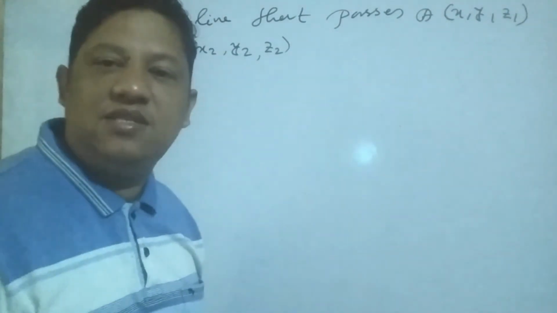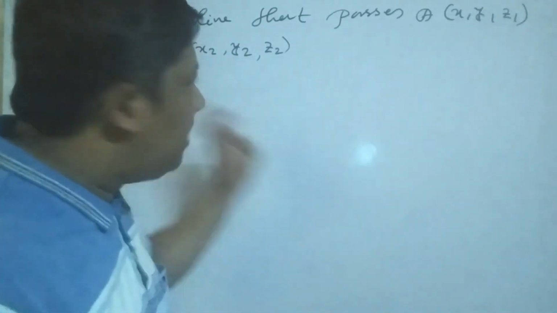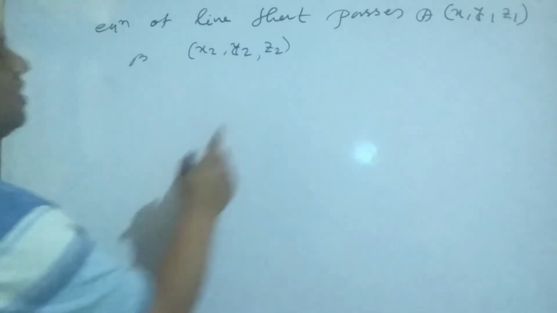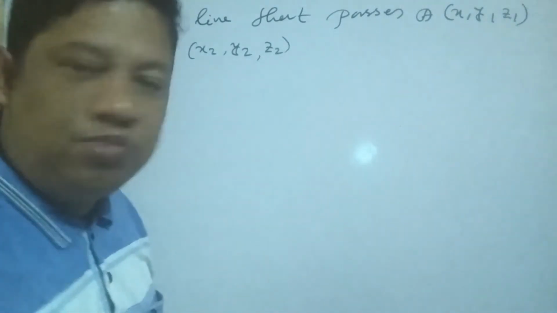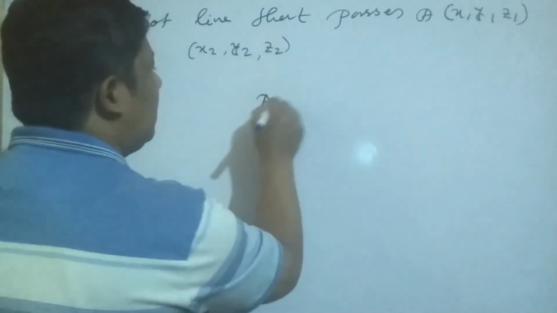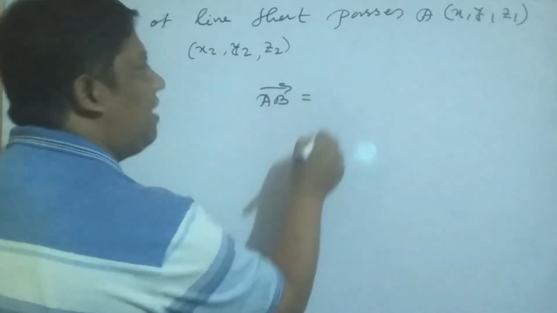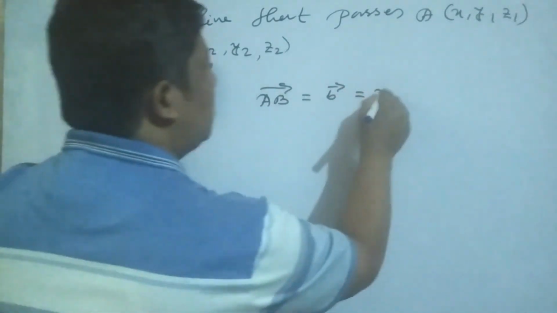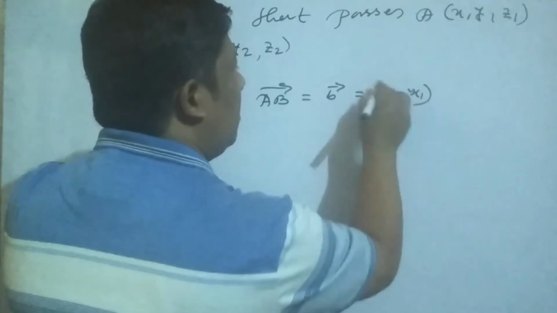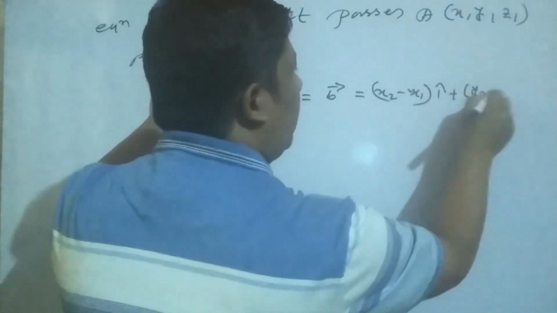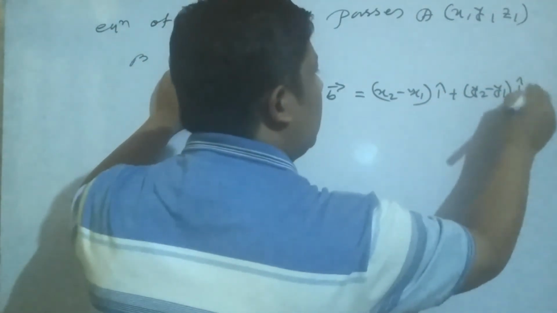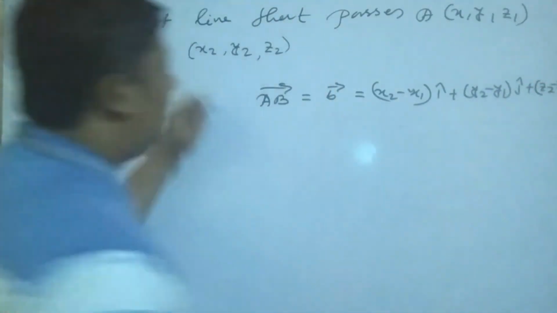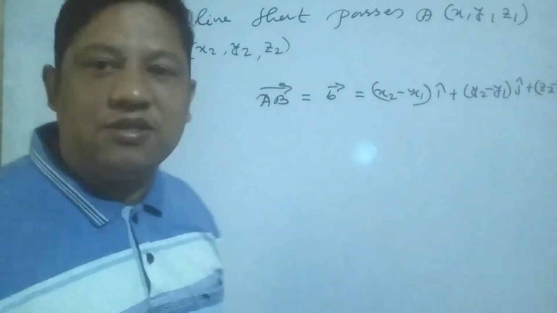These are the 2 points. You have given the 2 points, and you have to find the equation of the line that passes through them. In these cases, you have to find the position vector of A, and the direction, that means the b vector, is x2 minus x1 i and y2 minus y1 j and z2 minus z1 k, and that gives the parallel or direction vector.